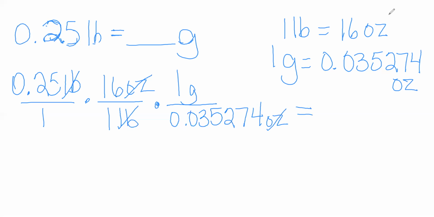And then you are going to divide that answer by your 0.03527. You should get 113 point, I'm just going to round this one. It goes out to like 39797, but for this one, let's just go ahead and round it. And that's in grams. 113.4 grams.